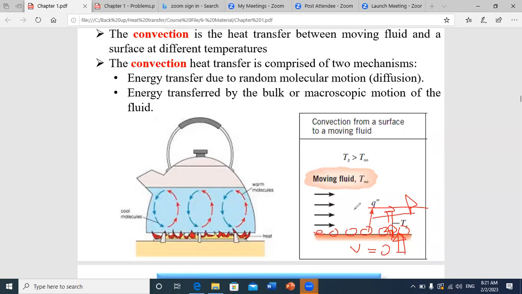And in steady state case, we can write that the Q conduction at the surface level, let's say this is the surface level and I take the y-axis upward, okay? Q conduction at y equals 0 will be equal to the convected flux, of course in case the only mode of heat loss is by convection.